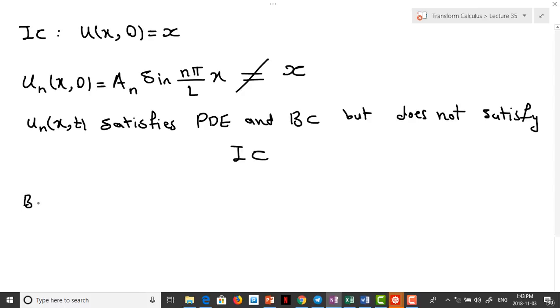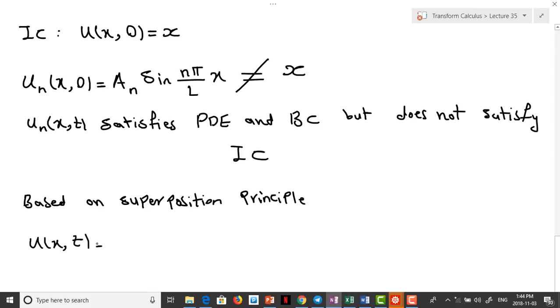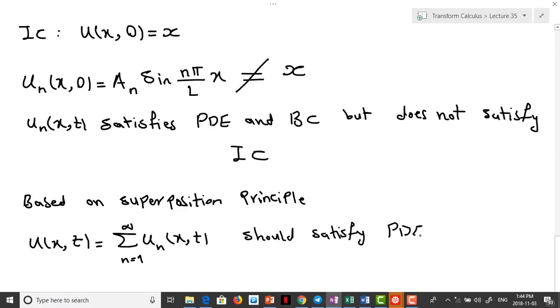So based on superposition principle, u of x and t, which is equal to summation of un of x and t, n from 1 to infinity, should satisfy partial differential equation and boundary condition.